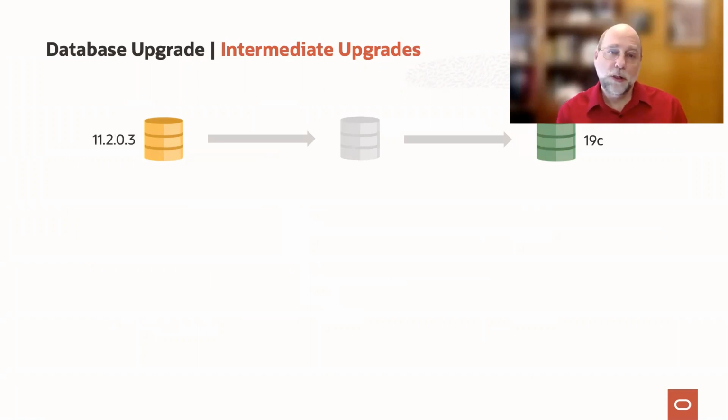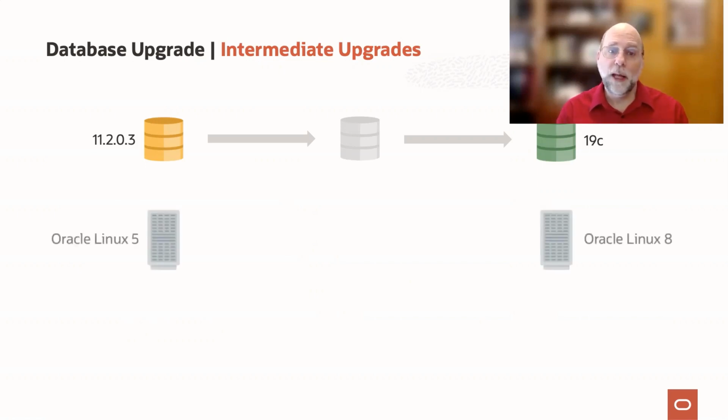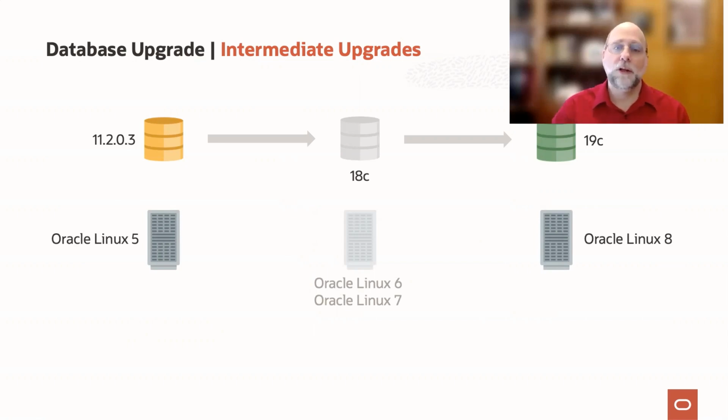Now, it's important to note 11.2.0.3 does not support Linux 7, yet Linux 7 or higher is required for 19c. So what you would need to do in that case is come up with an intermediate environment, say 18c on Linux 7 or Linux 6, where you could upgrade 11.2.0.3 and then upgrade from that to your eventual target server. The same could be true of 11.2.0.4 as an intermediate version.